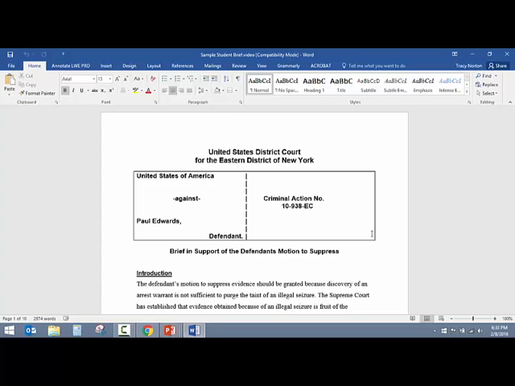documents that you drafted last semester had a question presented, a short answer, a statement of facts, a discussion, and a conclusion. And those are the 5 sections that every analytical document will have. And then when we did the letters, you saw that you also had those 5 sections. You had an introductory paragraph that identified the issue and gave the answer, or it should have done those things, followed by a recitation of the facts, but targeted to a different audience.